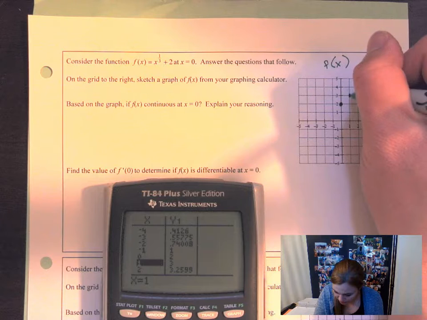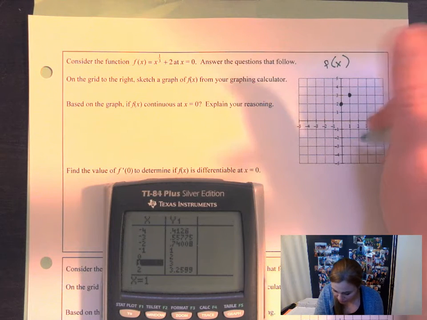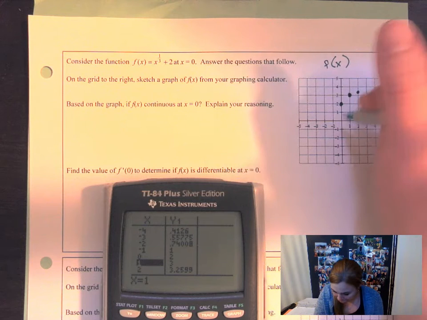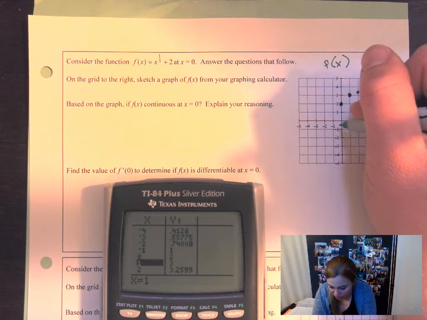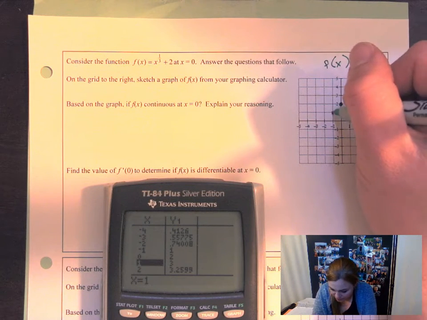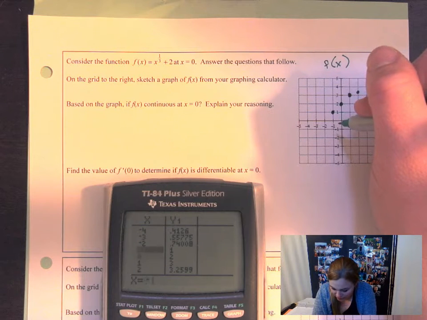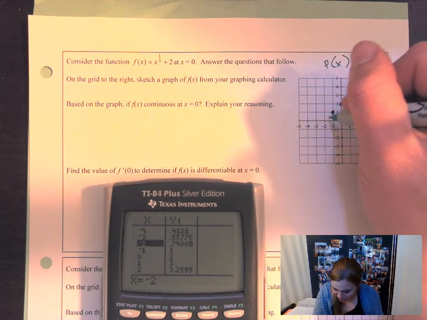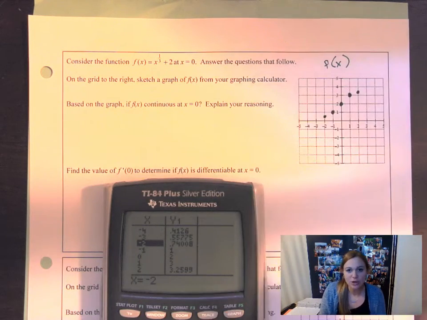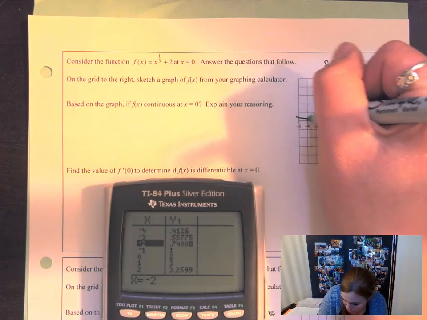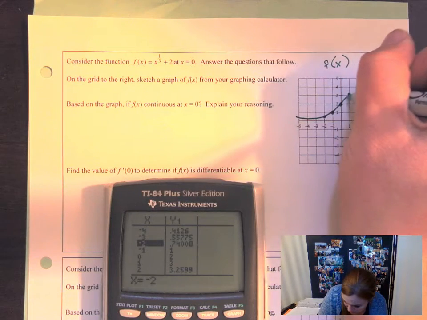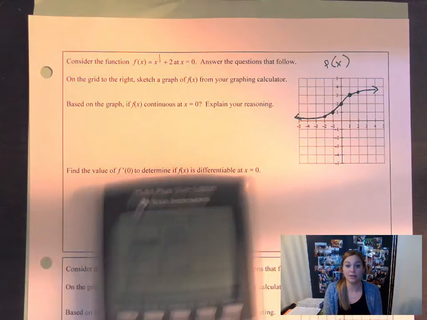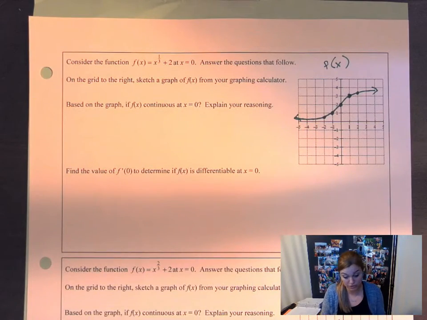At 2, 3.2, so around there. At x equals negative 1, 1. And let me do another one. x equals negative 2 is 0.74, so around here. And so I know that it's going to look something like this, so that's enough for me. That was a pretty good function, just saying.